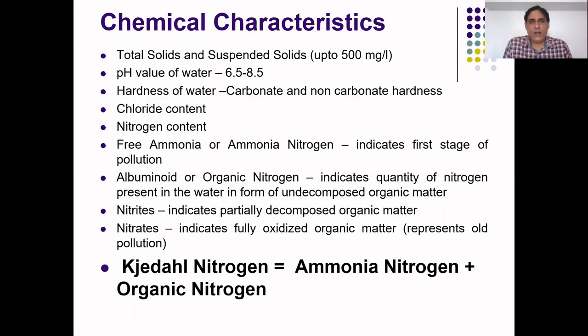Actually, there are two types of hardness: carbonate hardness and non-carbonate hardness. Carbonate hardness is contributed by carbonates and bicarbonates of calcium and magnesium. Non-carbonate hardness is contributed by chlorides and sulfates of calcium and magnesium. Carbonate hardness can be removed by boiling also. Very simple procedure. Non-carbonate hardness needs to be removed by certain processes.